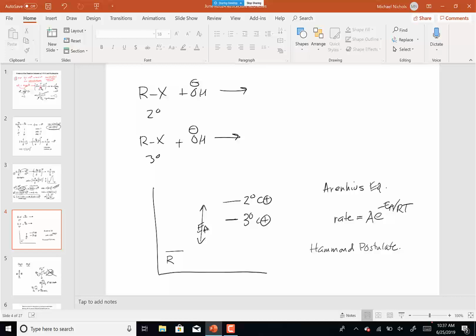It moved towards the products, right? Because this is the products, this is the reactants, from your perspective. So when I make the reaction endothermic, the transition state moves towards the products. What do you think happens if I make the reaction now exothermic? What happens? The transition state moves towards the reactants.